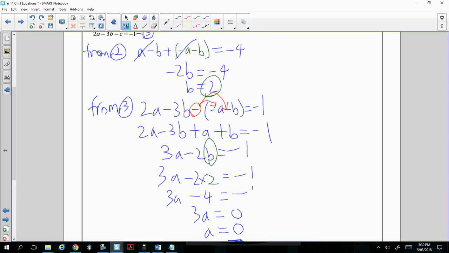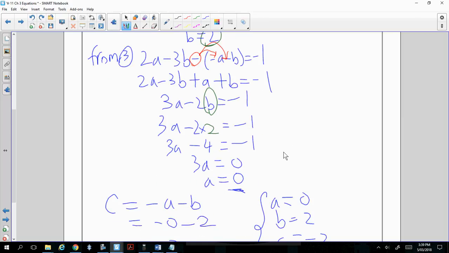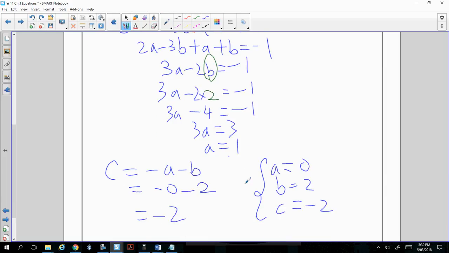So that will be 3a equals 3, which means a is 1. And then that means this is wrong. a is 1, b is 2, c is negative 3.